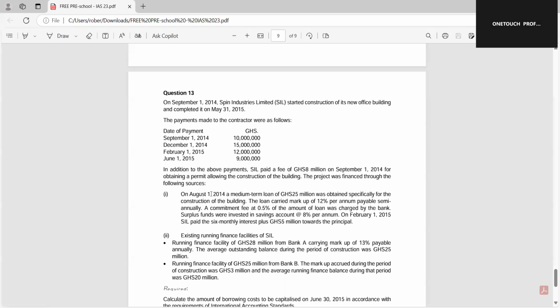Let's look at when it was issued. It's very important. It was issued on 1st August 2014. Just a minute, let me see something.